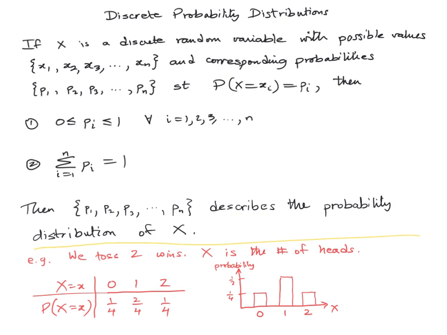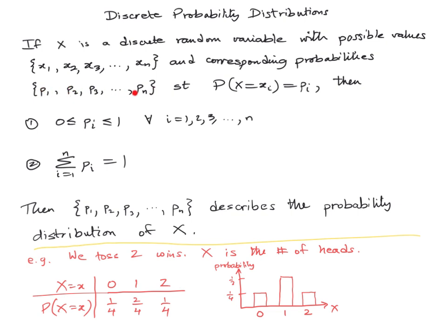So now let's talk about discrete probability distributions. If x is a discrete random variable, and it has possible values x1, x2, x3, etc., however many there might be. So in the previous example, 0 scales, 1 scale, 2 scales, or 3 scales that were accurate. And then we have corresponding probabilities. So x1 has a probability of p1, x2 has a probability of p2, and so on.